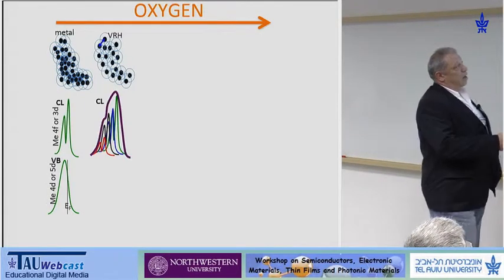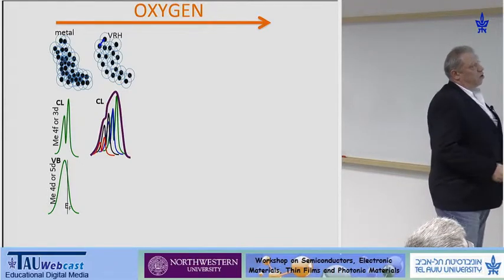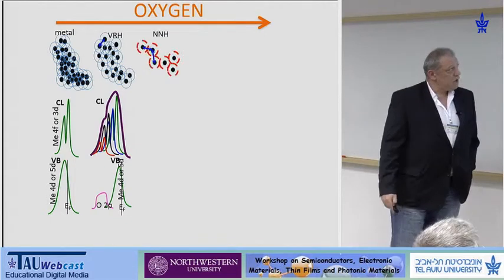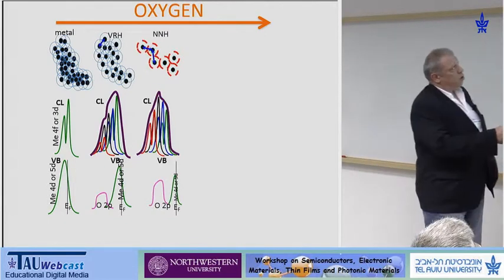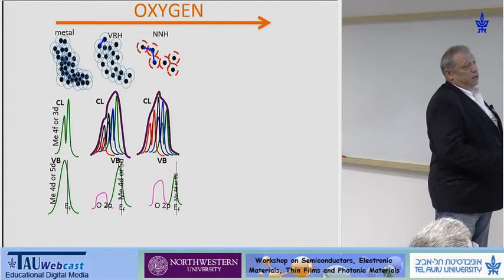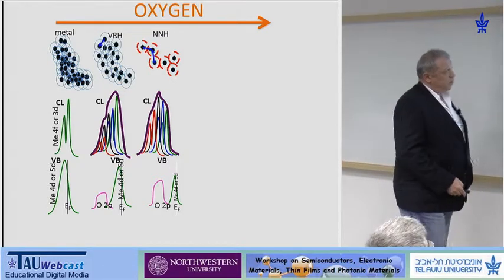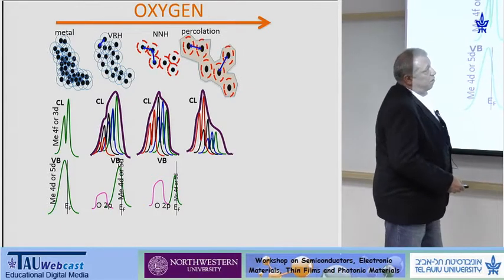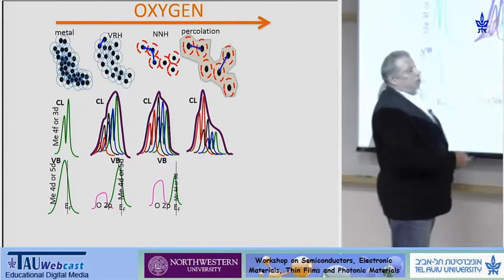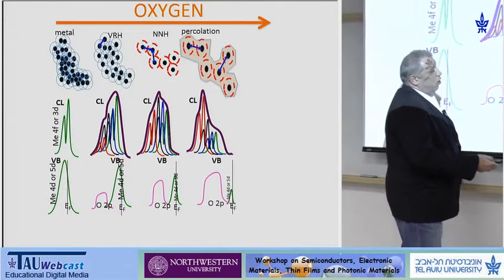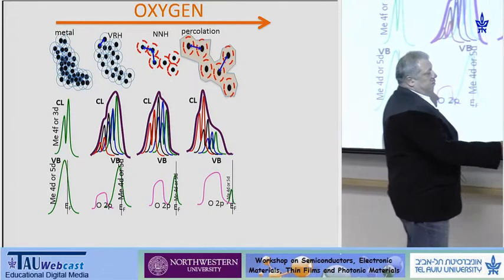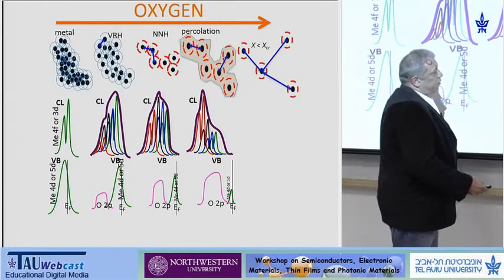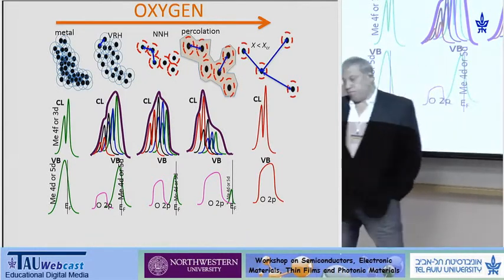We can see it in XPS by the formation of mixed oxides and the beginning of the formation of the valence band. And it continues, and of course the localization grows more and more as we oxidize more and more. Eventually, even the percolation pattern that can form with very strong localization will break down, and that last evidence, the defect band here, will disappear, and we will end up with a pure insulator.